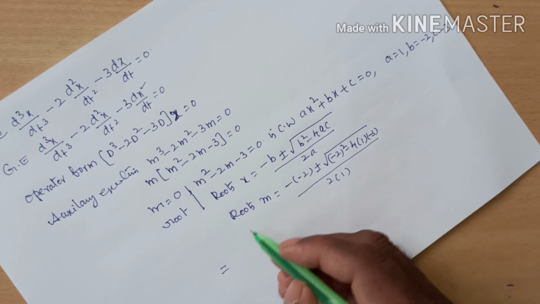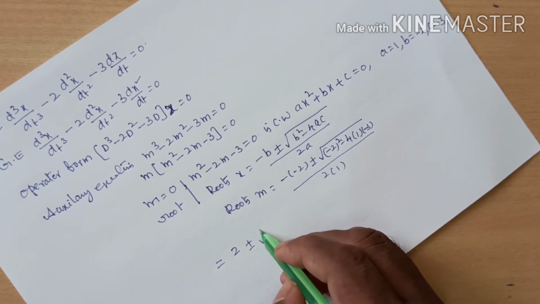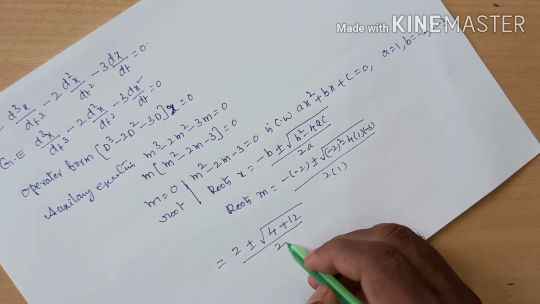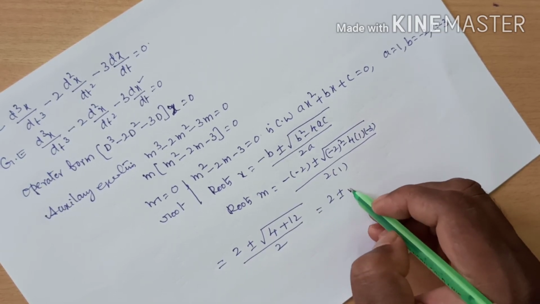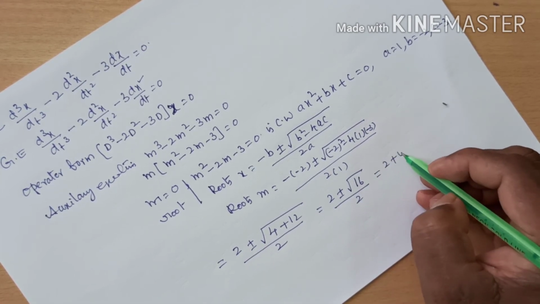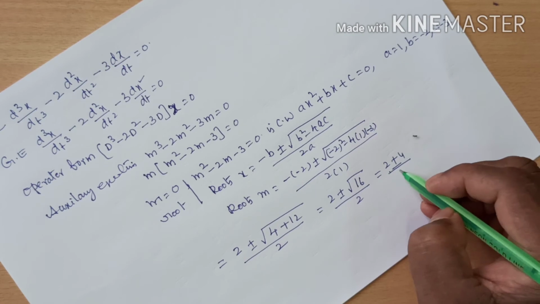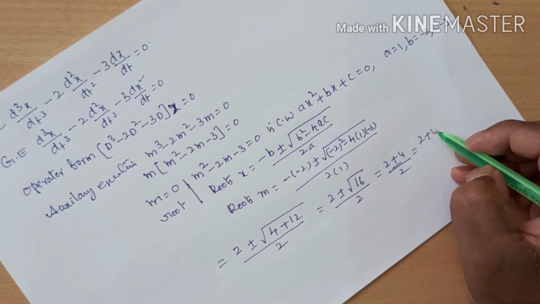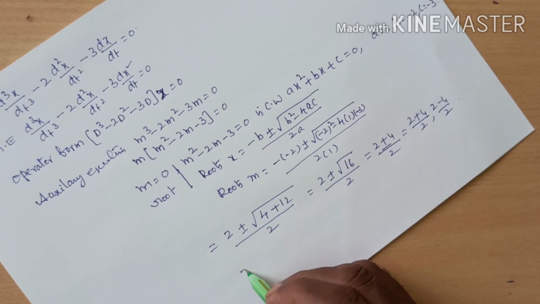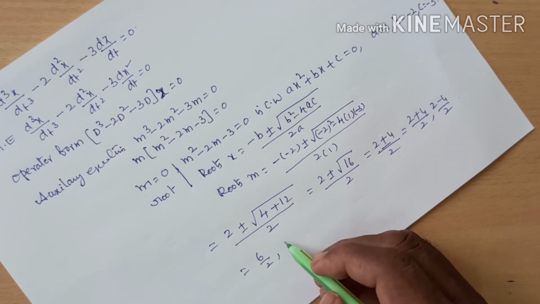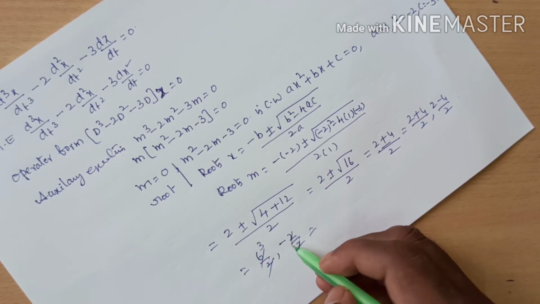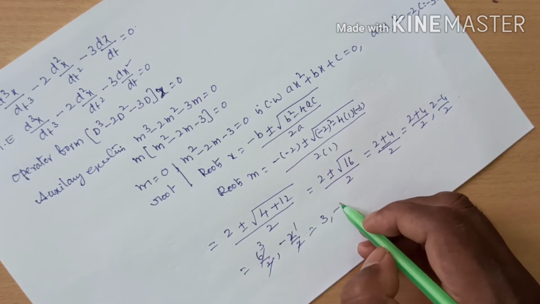That is 2 plus or minus root of 4 plus 12, divided by 2, which is 2 plus or minus root 16 by 2, which is 2 plus or minus 4 by 2. So 6 by 2, comma, minus 2 by 2. After cancellation, it is 3, comma, minus 1.